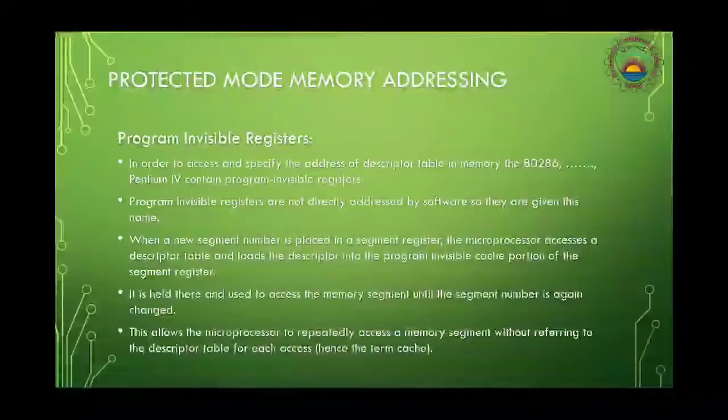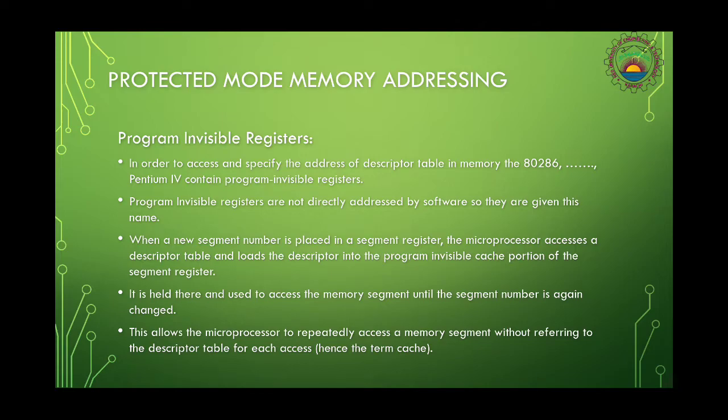So there is no need to access the descriptor again and again. Whenever you are executing some instruction and accessing the data segment, stack segment or code segment, there is no need to load the values for base, limit and access rights from the descriptor again and again.